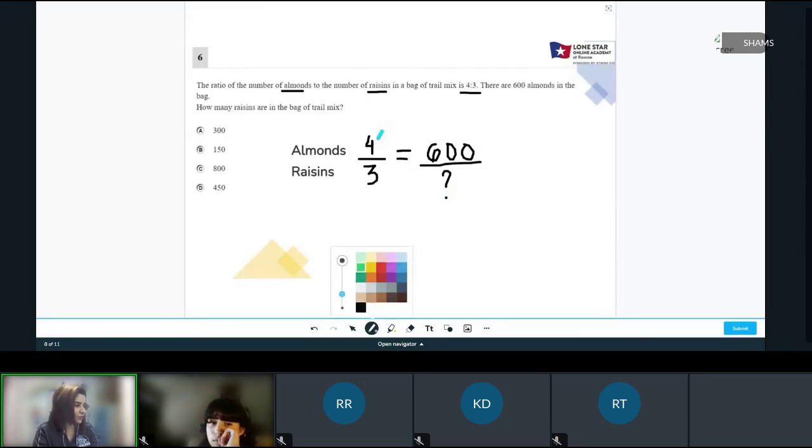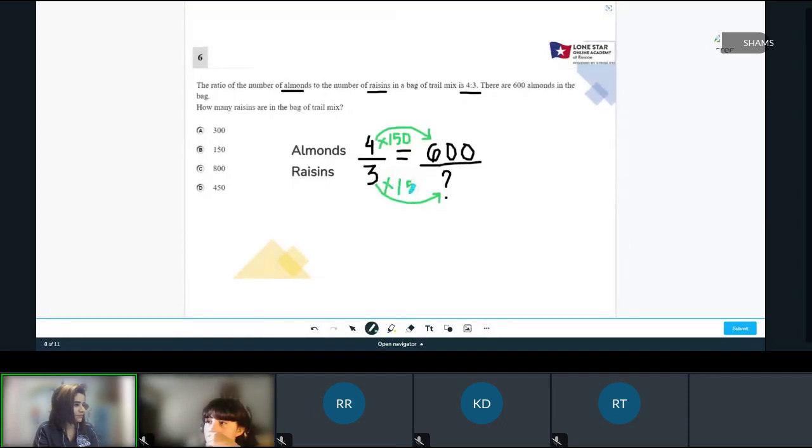Otherwise, this was also quite simple from 4 to 600. You are multiplying by 150. So to get to the missing number, you could be doing the same operation. 3 times 150. And that will give you the answer.